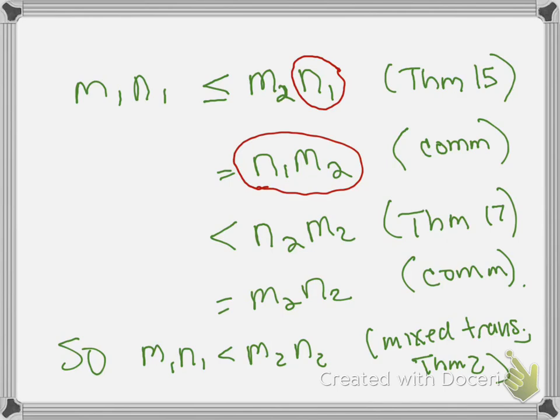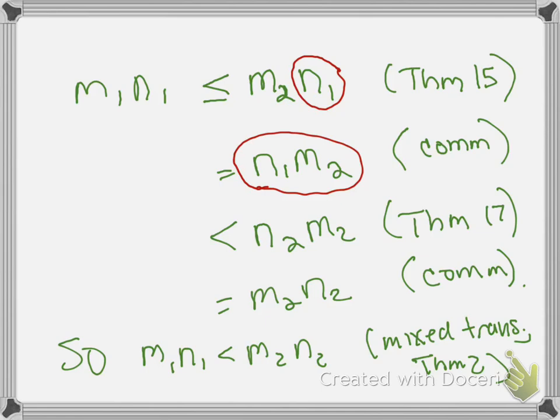That's because in both Theorem 15 and Theorem 17, the thing that changed was in the first position, and the thing that stayed the same was in the second position. So we want to change the n1, so we just switch the n1 and m2 so that n1 is in the first position.